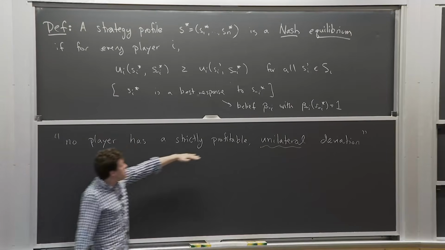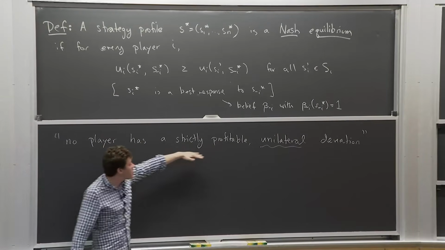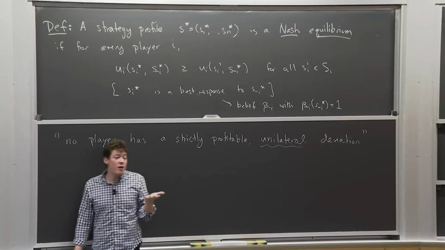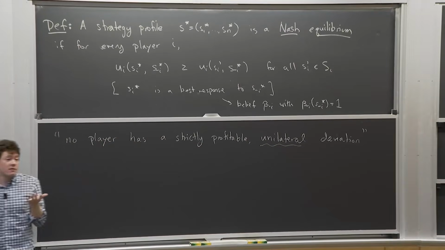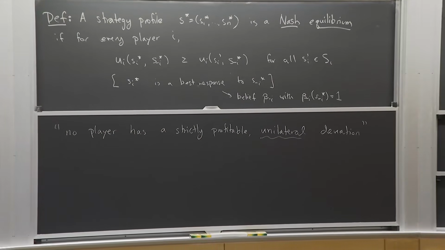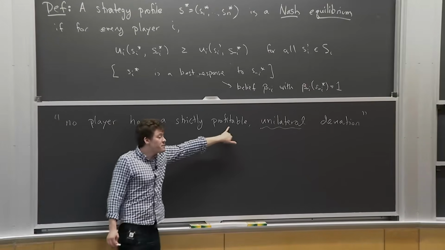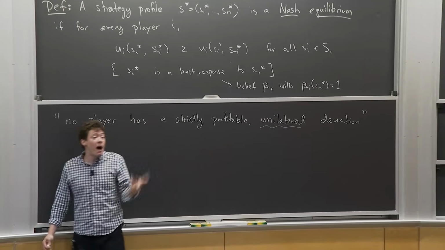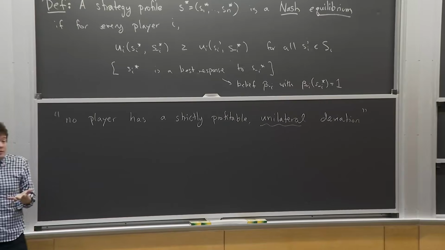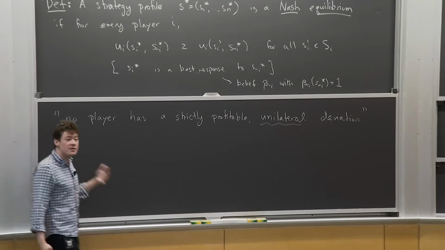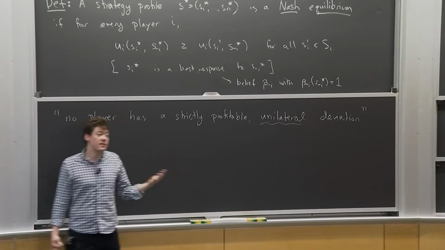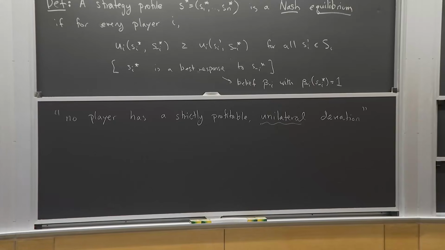And this deviation cannot be strictly profitable. It could be that you have a deviation that gives you the same payoff as your equilibrium strategy, but you can't deviate and do strictly better. And again, we're using profitability not in the sense of a monetary payoff, but in the sense of utilities. So a profitable deviation is a deviation that gives me a strictly higher expected utility.